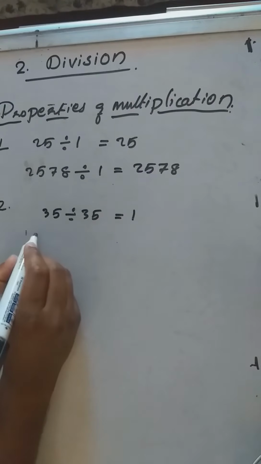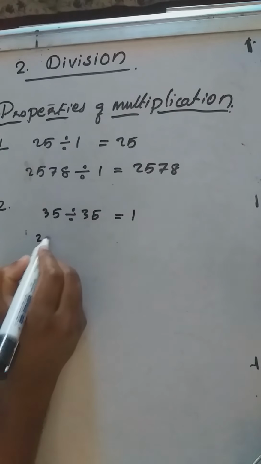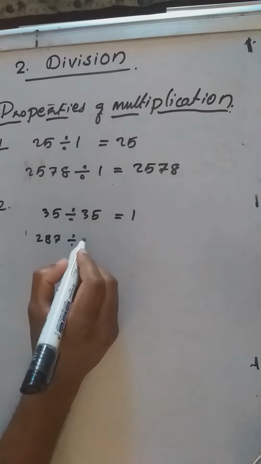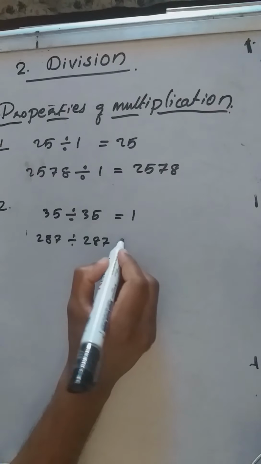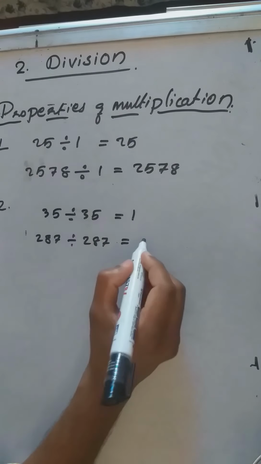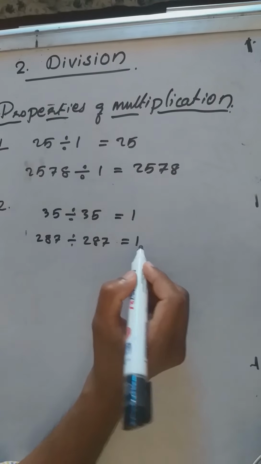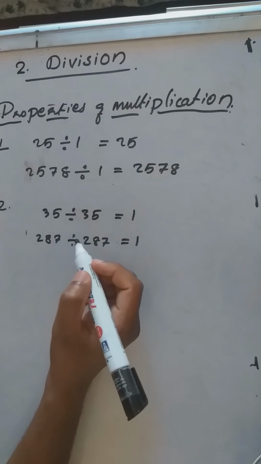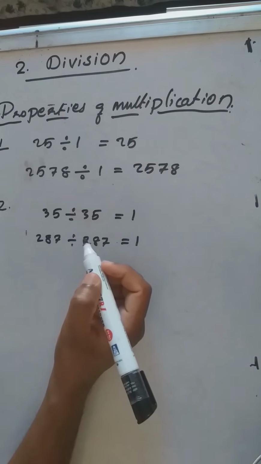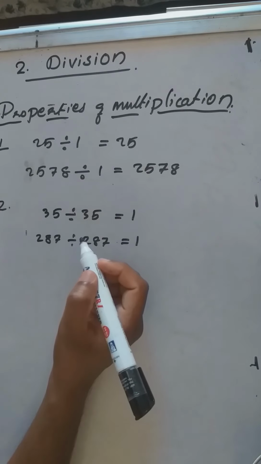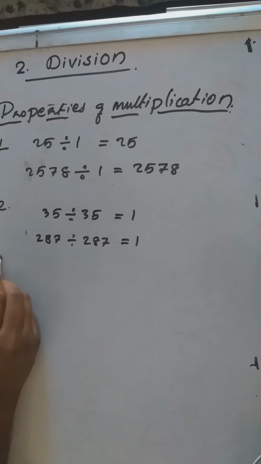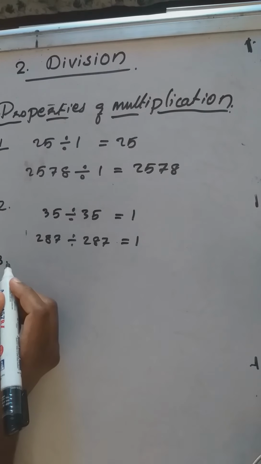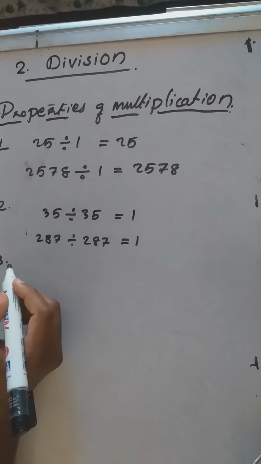Again, when we divide 287 by 287, the quotient will be, yes, 1. When we divide any number by itself, the quotient is 1. That is the second property.